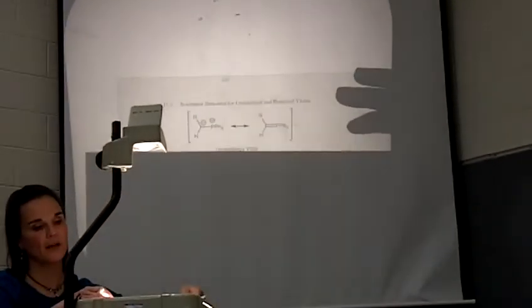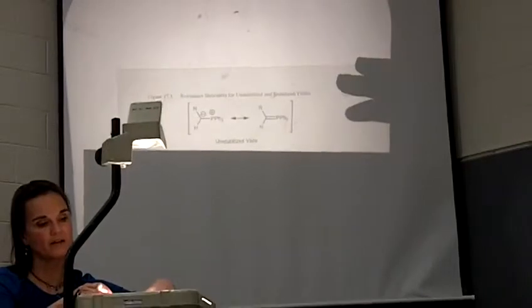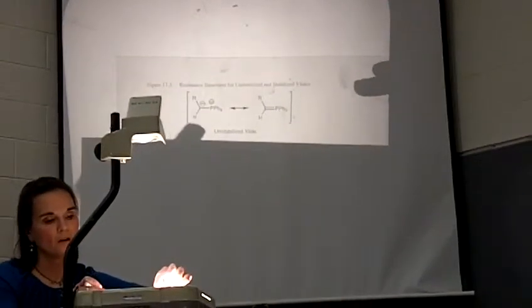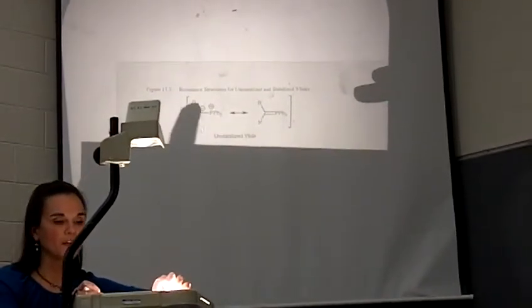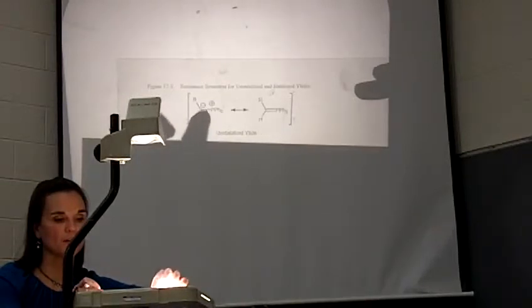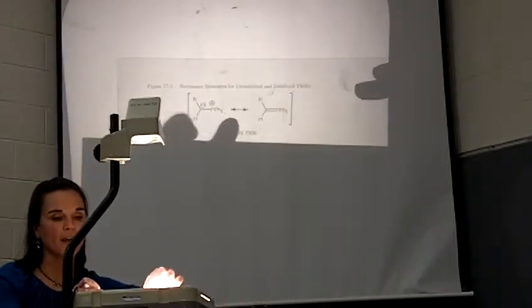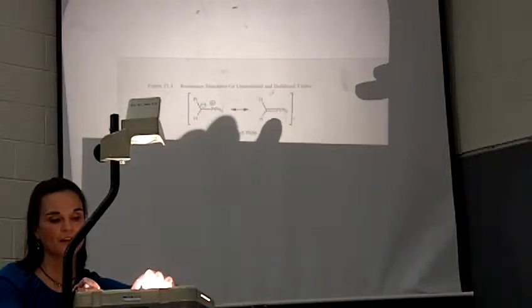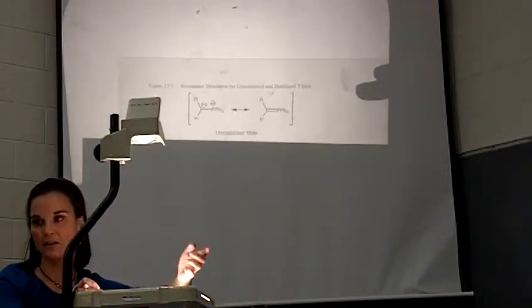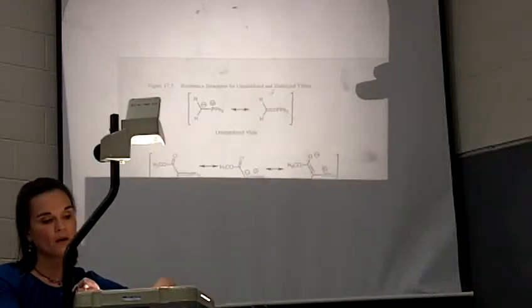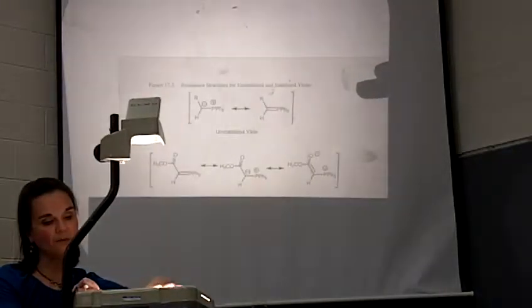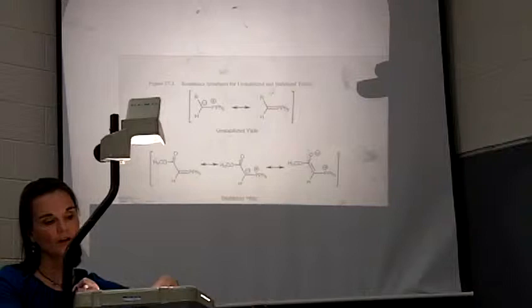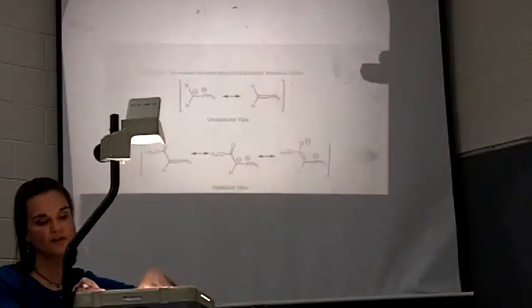So here's an example of an unstabilized ylid. We've got a proton here and some sort of alkyl group here. So here's our ylid. Another way that you can write it, another resonance form, is then to put the double bond here. Okay. However, this is the ylid that we're going to use for our reaction.